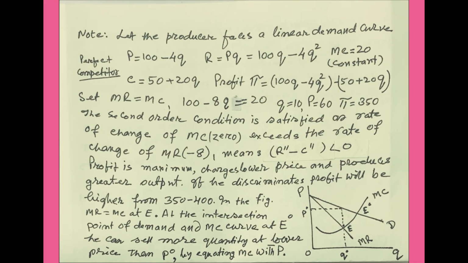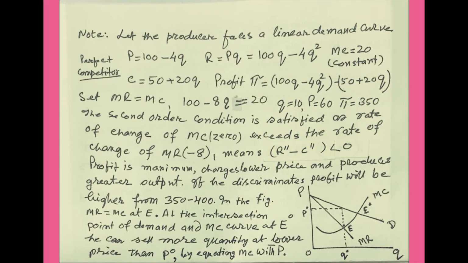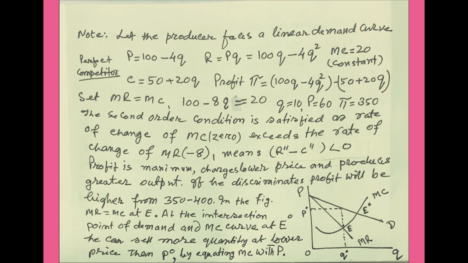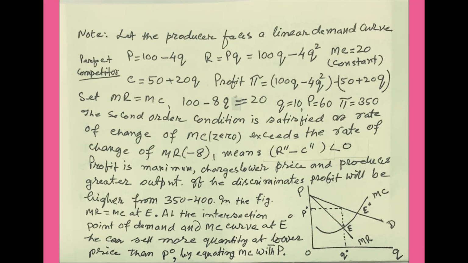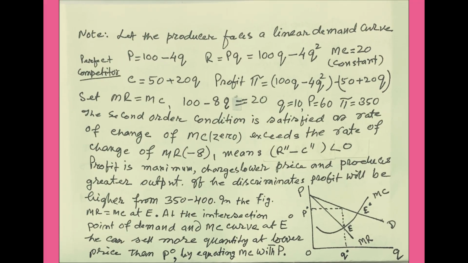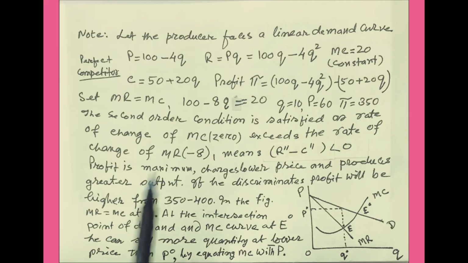So we get Q equal to 10, P equal to 60, and profit equal to 350. As I have shown earlier, profit increased from 350 to 450 after discrimination. So before discrimination, this was the situation.